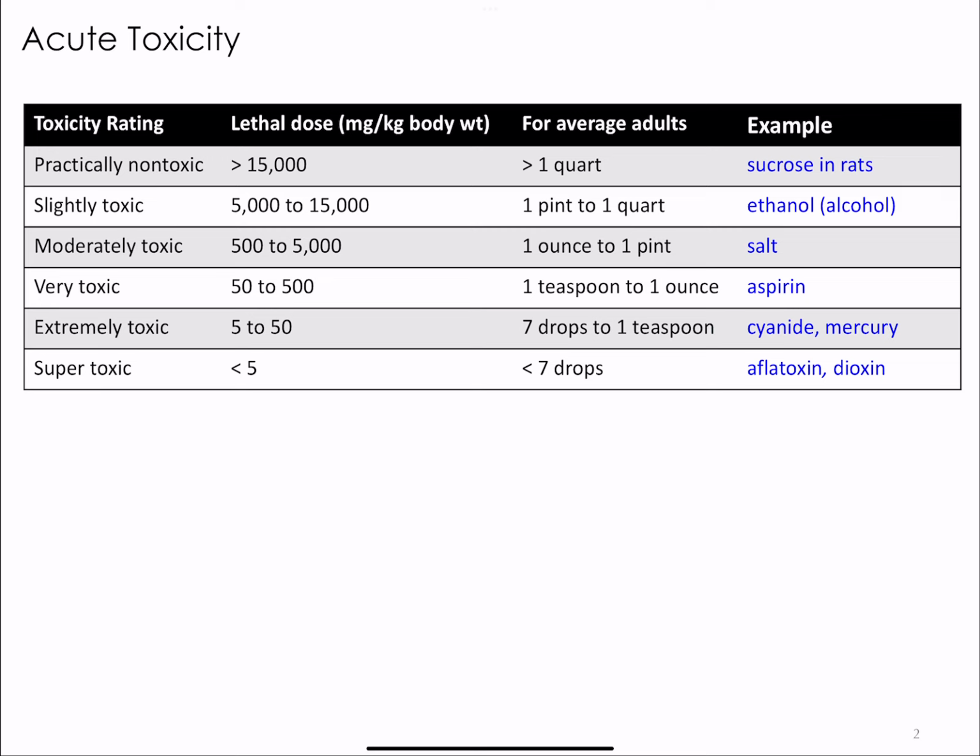And if the lethal dose is less than 5 milligram per kilogram body weight, then the chemical is considered to be super toxic. For average adults having about 70 kilograms of body weight, 50% will die by being exposed to less than 7 drops of these chemicals. And these chemicals include dioxin.